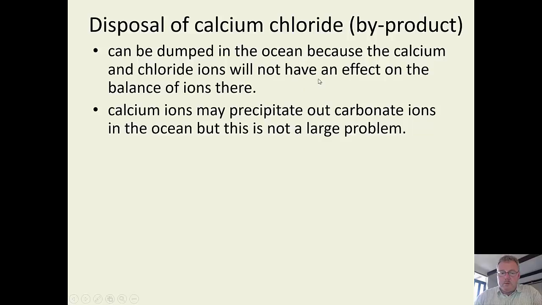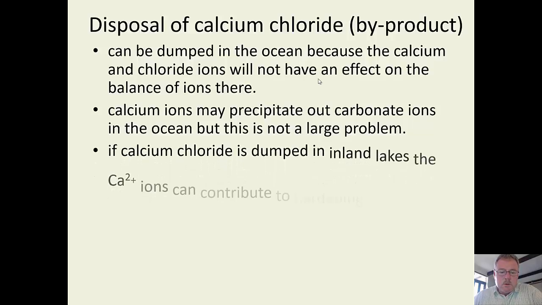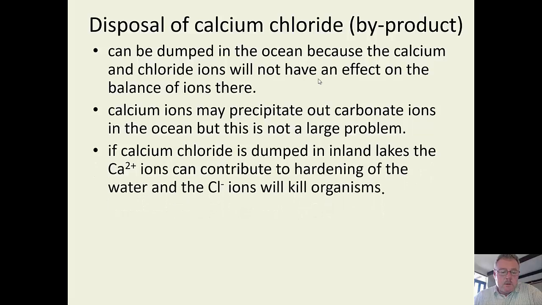You might get the precipitation I was talking about before, but it's not a large problem in the ocean. Locally it could be an issue, increasing the load, salinity levels in that local area. Not sodium salts, but calcium salts. If it's dumped in inland lakes, the calcium ions can cause this hardening of the water, and the Cl can act like a bleach.